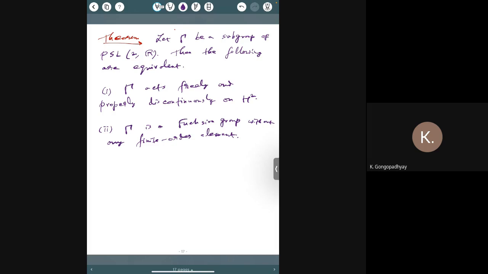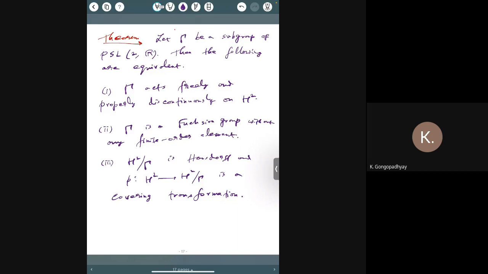And H2 mod gamma is Hausdorff, and the projection map is a covering transformation. I think if people don't know covering space theory, they can just ignore the last sentence.